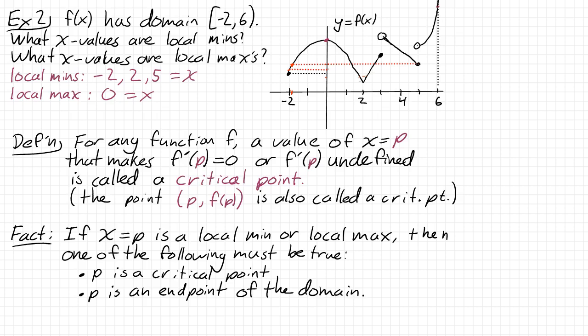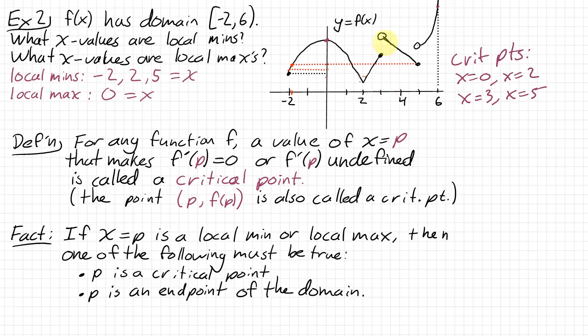The critical points here, the points where f prime is 0 or undefined, are at x equals 0, x equals 2, x equals 3, and x equals 5. Those are the places where the derivative is either 0 or undefined.